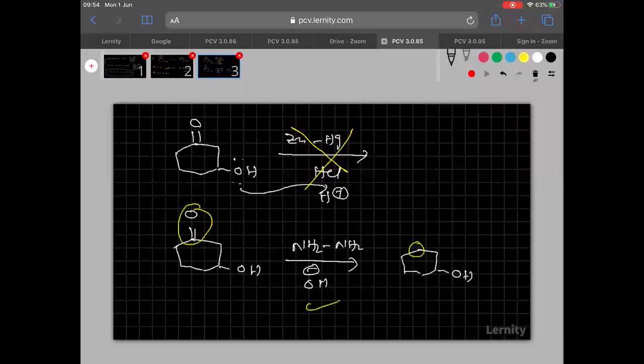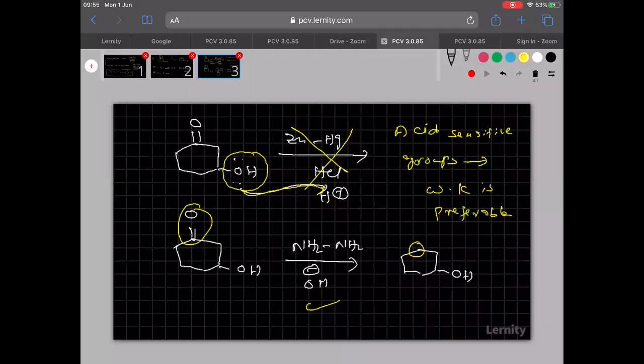Here I want to make a note. This group is very sensitive towards acid. So when acid sensitive groups are present, then Wolff-Kishner is preferable.